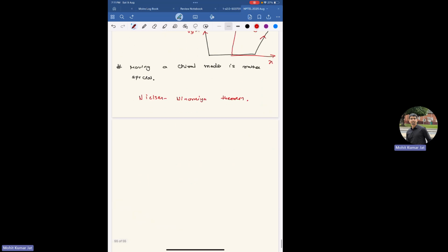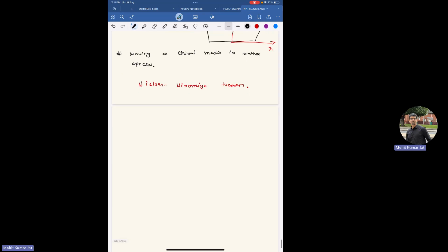Okay, so this is all about what the topological states are, but let's focus on the problem.